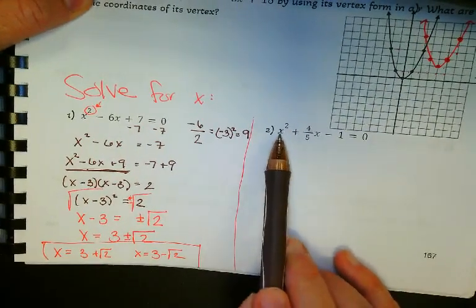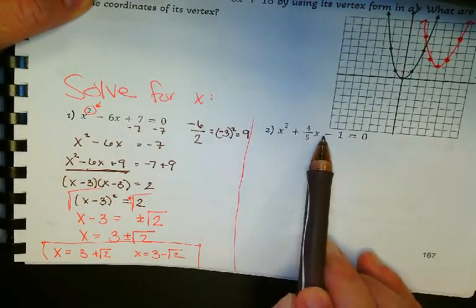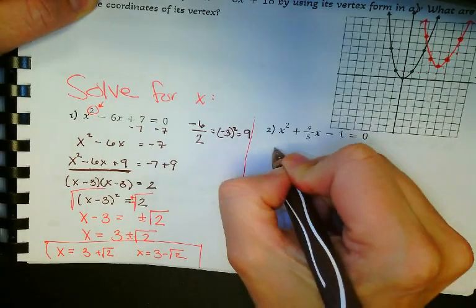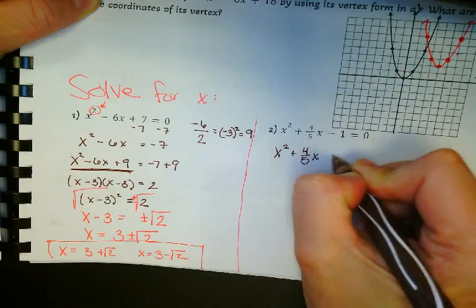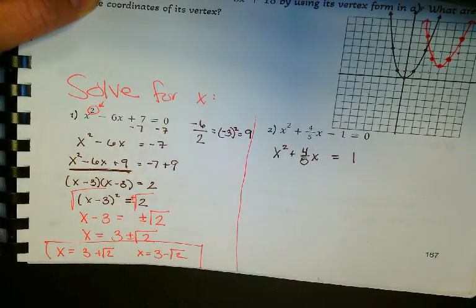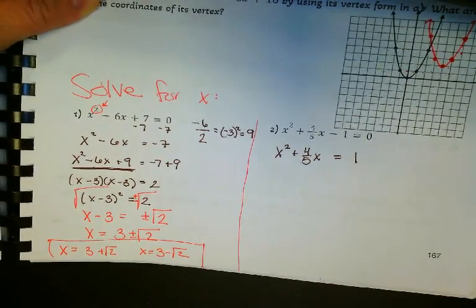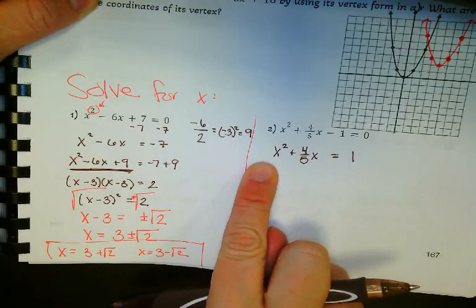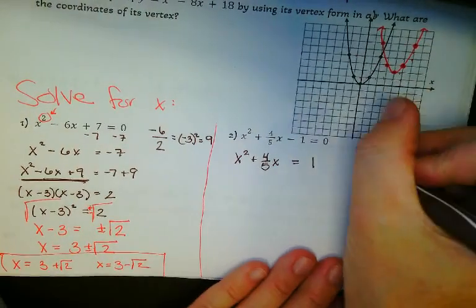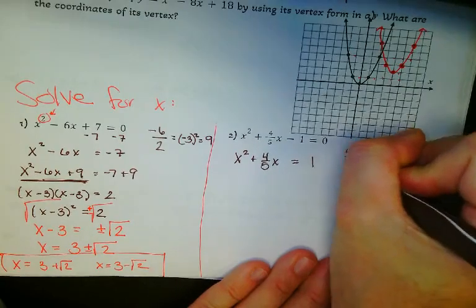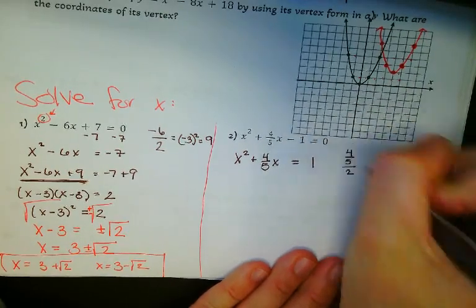Okay, so I want to keep the variables on one side, move the constant to the other. X squared plus 4/5 x equals a positive 1. Okay, most important check is the a value: 1. Yes, so that makes life semi-easy. So I want you to do the same thing on paper. You're going to take the b value, 4/5, cut it in half, which means divide by 2.